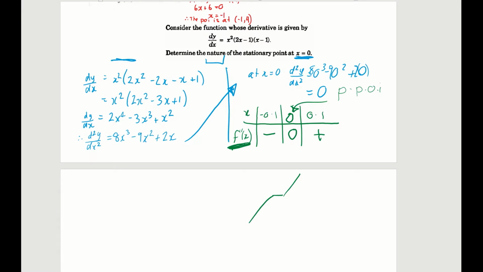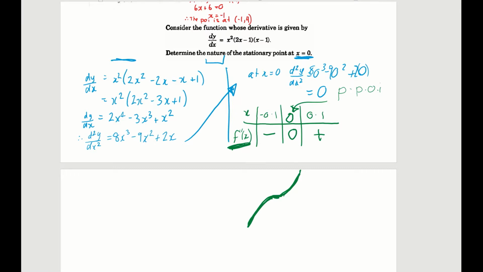Now, that means my concavity changes on either side of that possible point of inflection, which means it's gone from a sad face to 0 to a smiley face. So therefore it is a point of inflection. So that's what your answer would be.